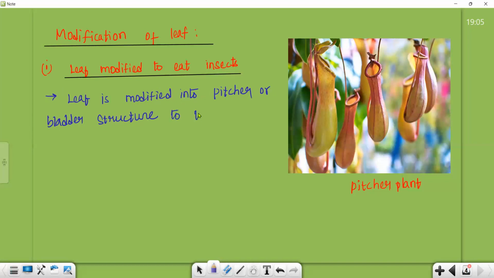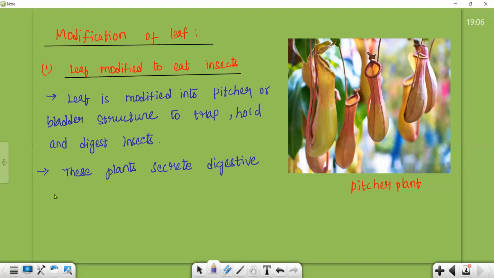To trap, hold, and digest insects. These plants secrete, what do they secrete, students? Digestive enzymes. With the help of digestive enzymes, it digests that particular insect.